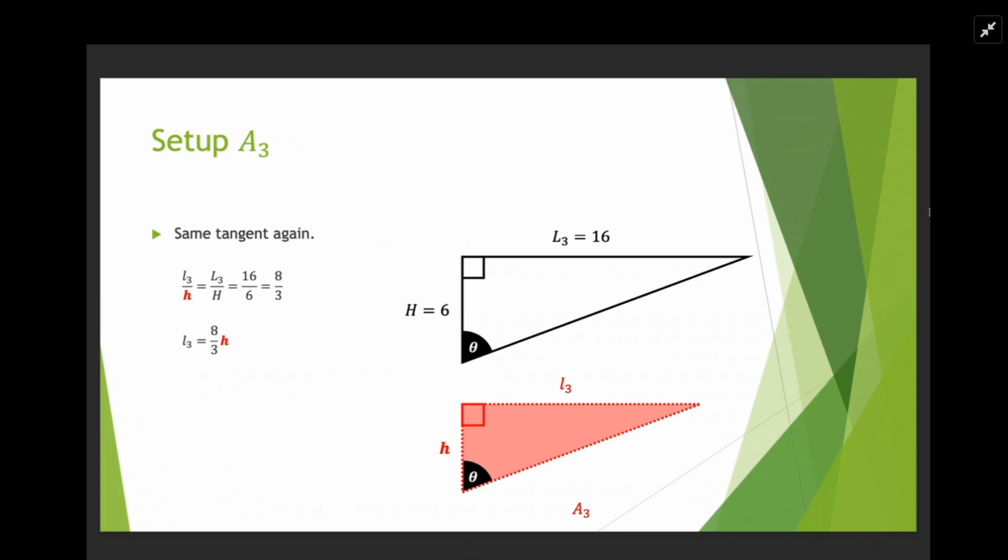So the water length is equal to 8/3 the water height. We substitute that into our formula for the area of a triangle, and we have A3 is equal to 1/2 base times height, which is 4/3 h squared after substitution.